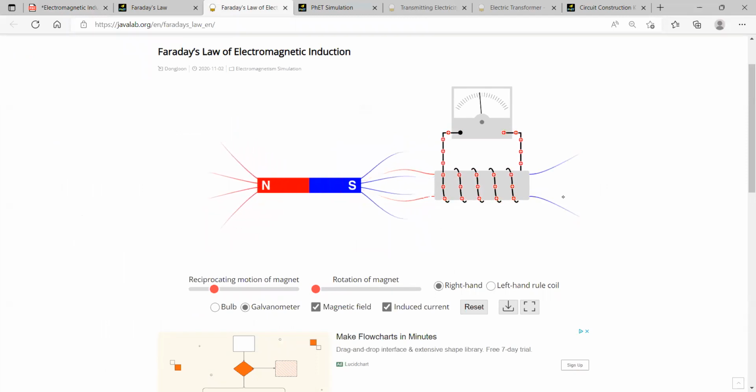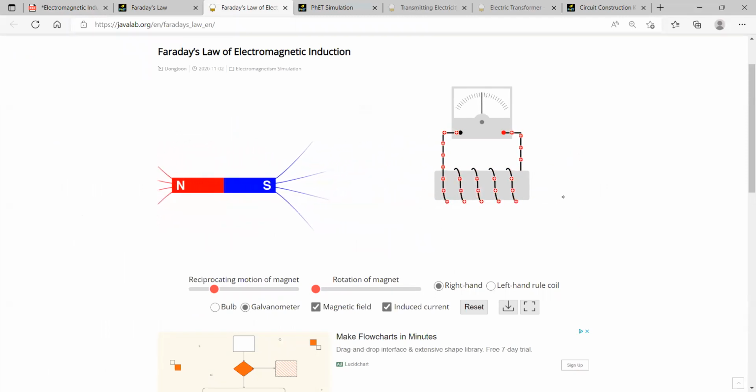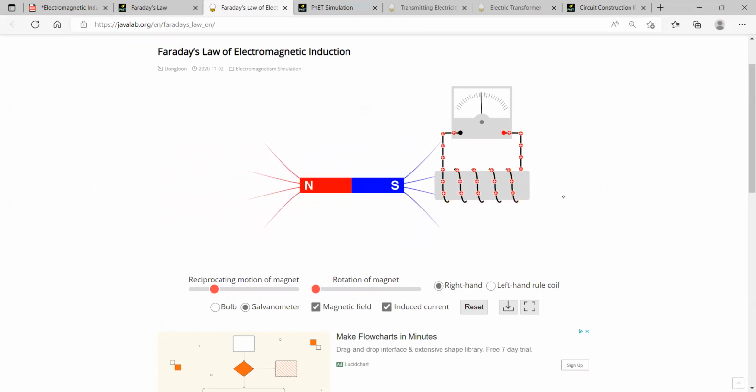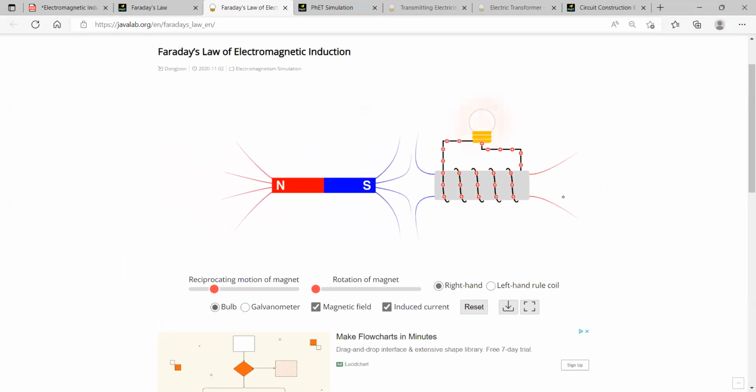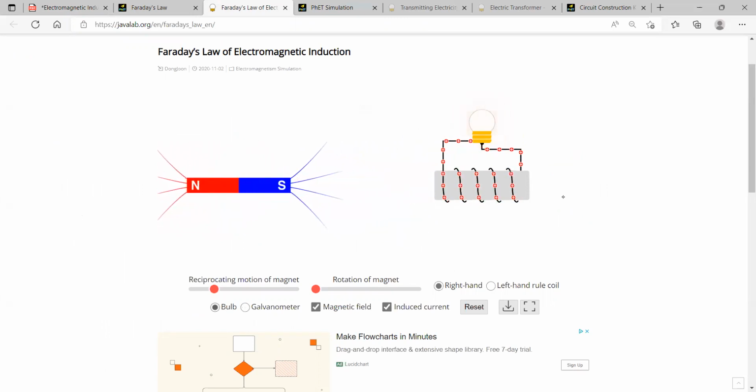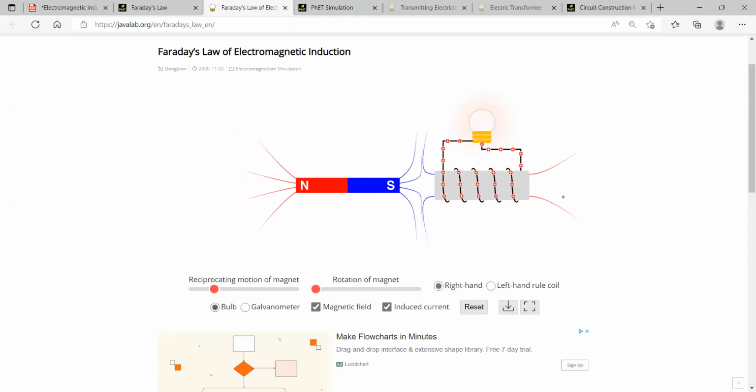Here you can see this. The magnet is moving towards the circuit, and that's why we see a current in the ammeter, or if you use a bulb, you will see the bulb glowing. These red lines and blue lines basically show us the field lines.